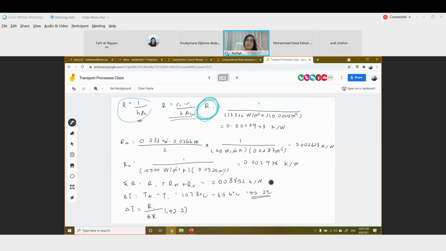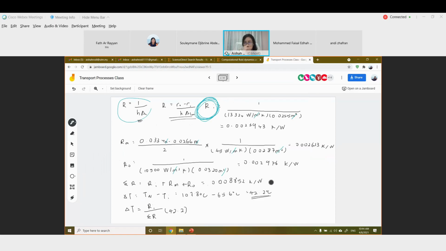Like I said before, we talk about resistances because not all the heat is transferred through convection, then conduction, and then again convection, all into the water.